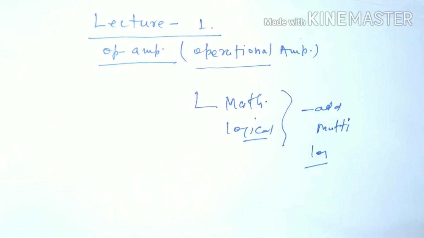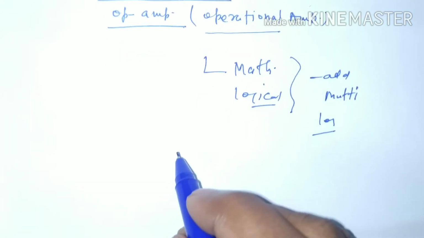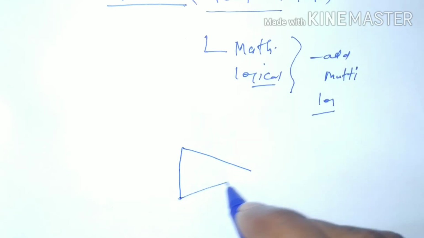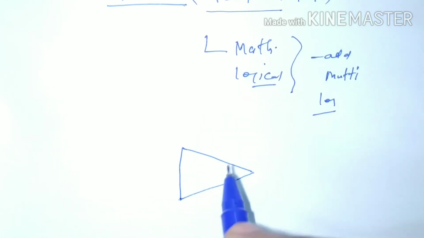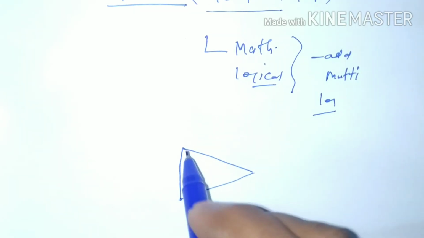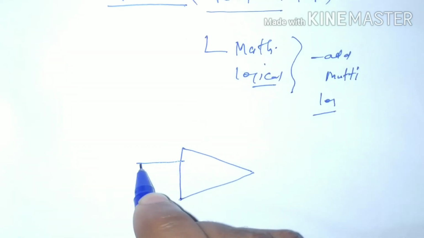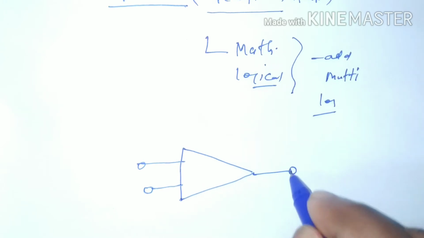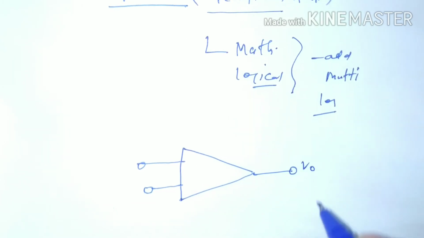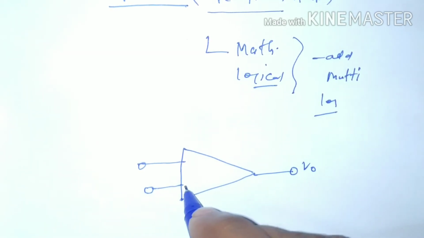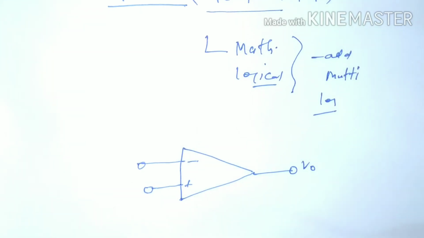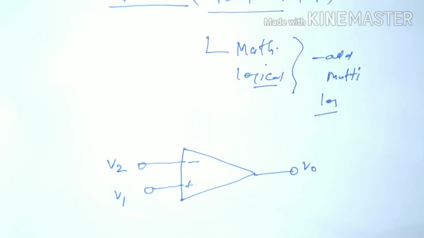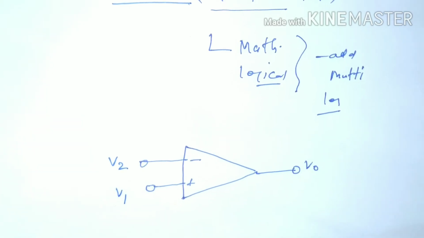So what is the circuit symbol of an operational amplifier? This is the symbol of the operational amplifier. It is a two input terminal device with one output terminal. Here it is plus and minus, one input and another input, and this is the output.